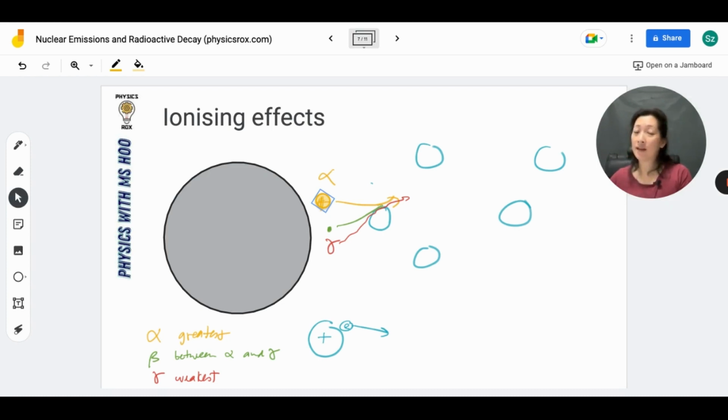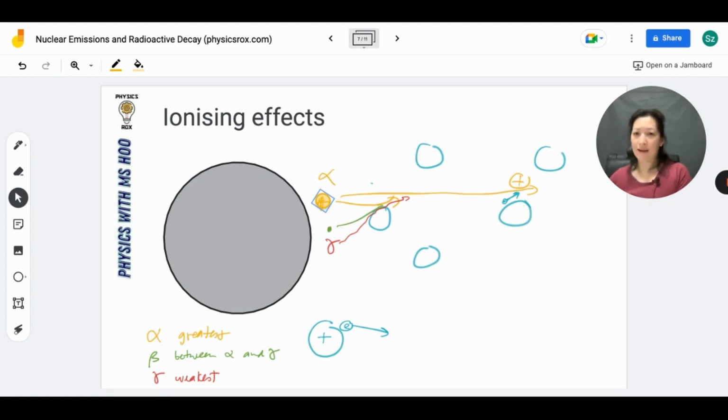So even if it doesn't come in contact with the electron, as it's passing through, let me draw it over here, because of the positive charge, it's also easier compared to the others to pull the electron out away from the shell. So it could either collide and knock out the electron, or it could pull out the electron from its shell. Either way, you find that alpha is much stronger in the sense of creating ions.